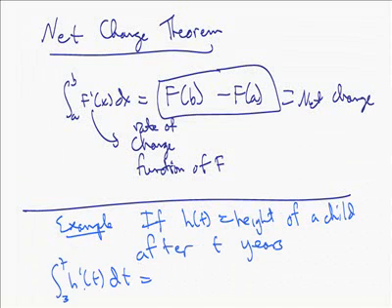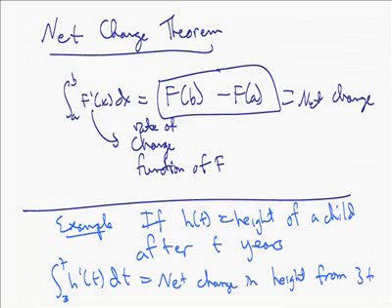Well, we're integrating the rate of change of the height function from t equals 3 to t equals 7. What this is going to be then is the net change in height from 3 to 7 years. So basically it's going to be how much that kid grew from age 3 to age 7, taking the integral of the rate of change function.